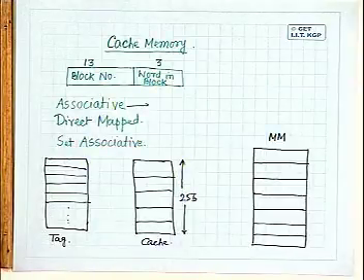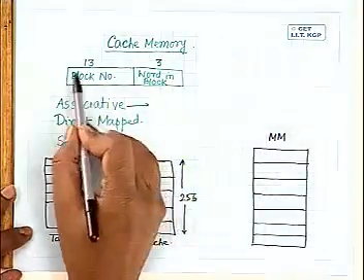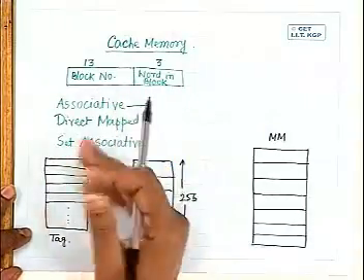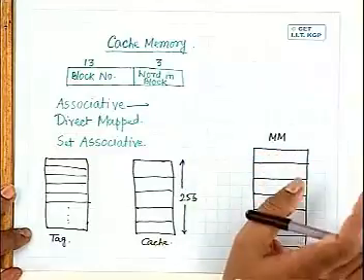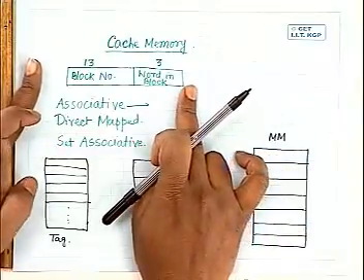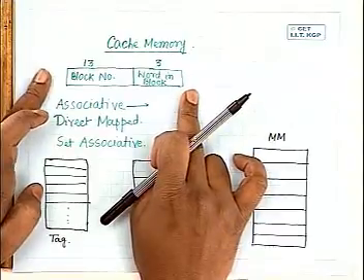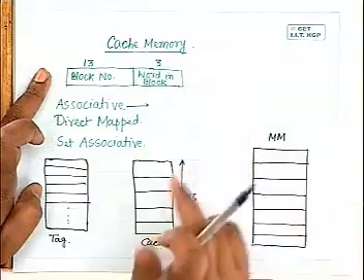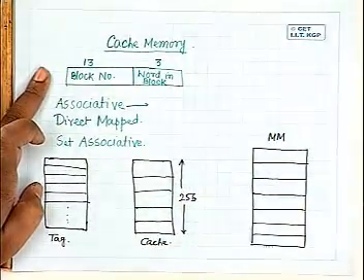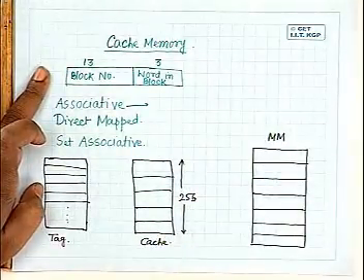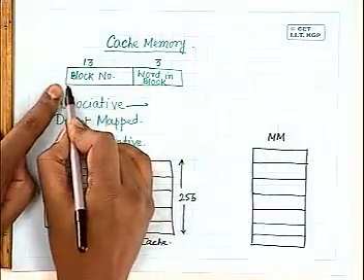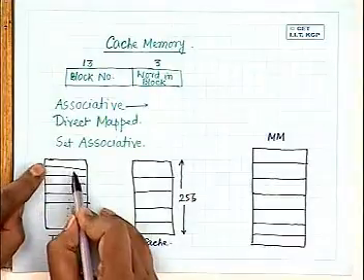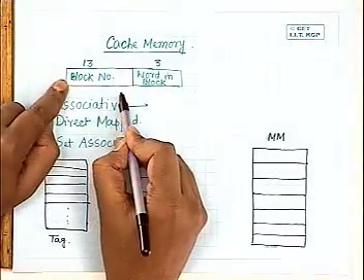Whenever the CPU wants to access any memory location, it generates the physical address. I assume that this physical address is generated after your page table reference and all these things. Once you have this physical address, you first check whether the data of that particular physical address of main memory is available in the cache or not. For that, you simply take this block number and check within the tag memory whether any tag location matches this block number or not.